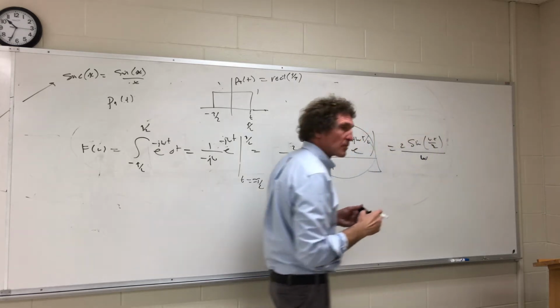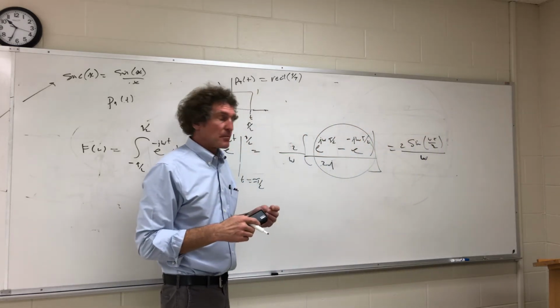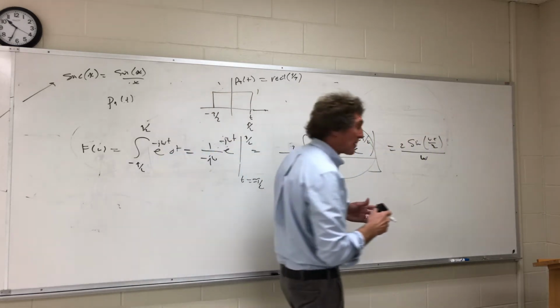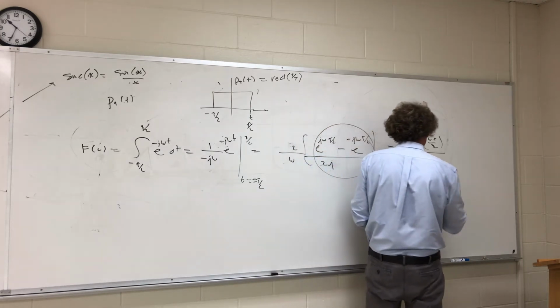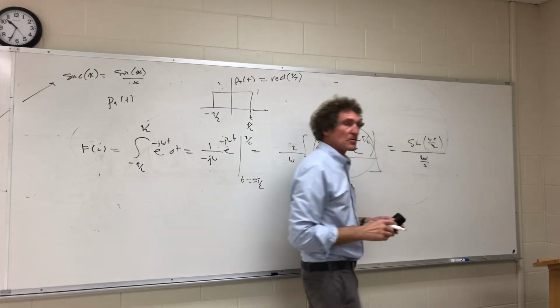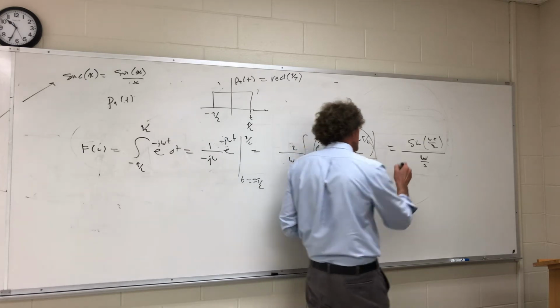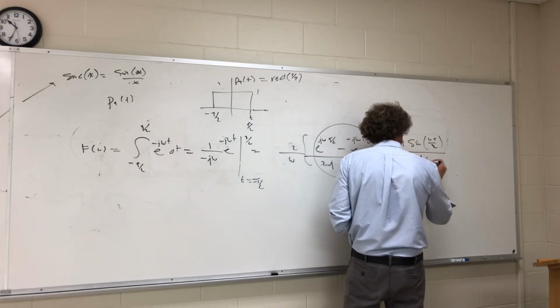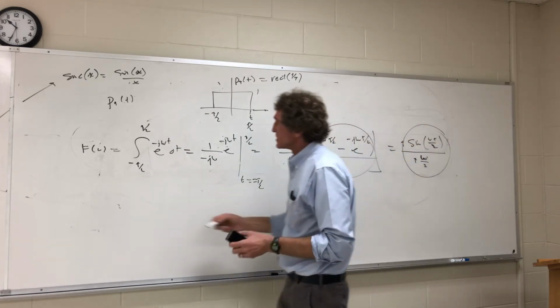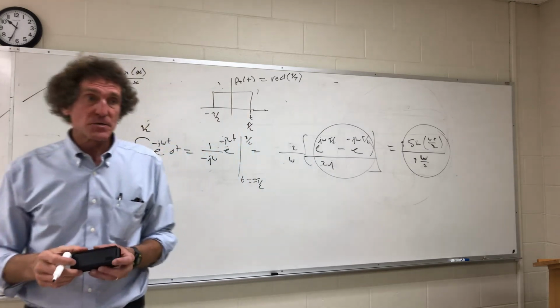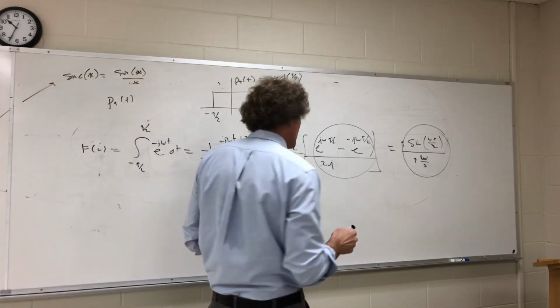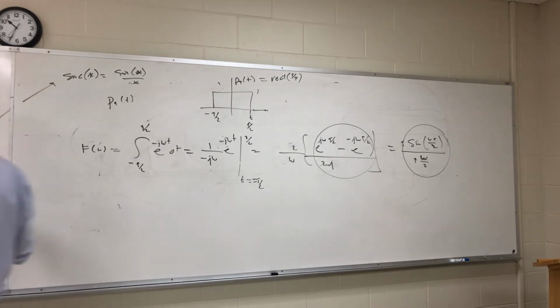That's what's left over once you do the sine transform. Now I divide top and bottom by 2. Sorry about that. And then I multiply top and bottom by tau. And that is the definition of my sinc. So it becomes the sinc function, sinc of omega tau over 2.